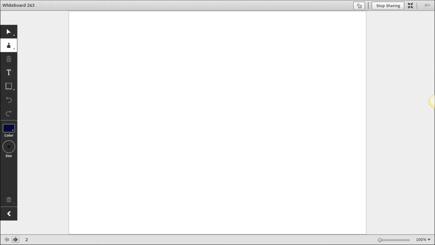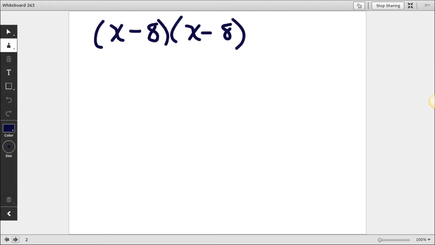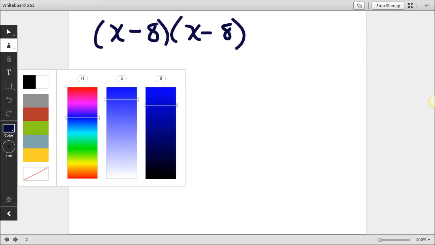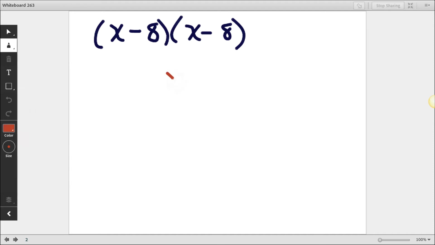All right. So what's some other methods you can use? Well, some of you will remember way back in elementary school, you learned how to multiply by lining two numbers up and using that algorithm that everybody uses.